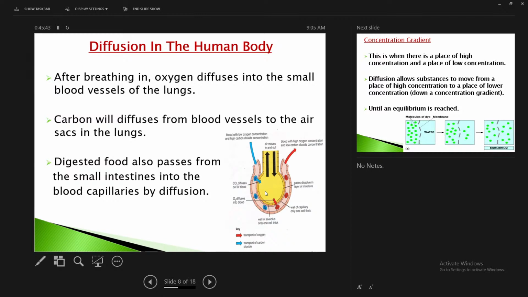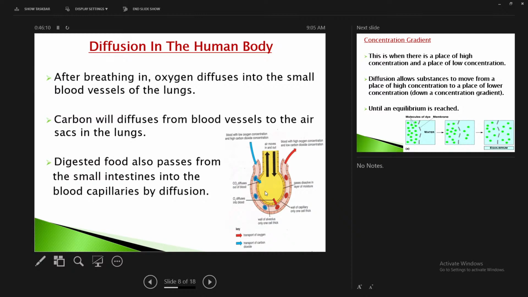The third pointer: digested food also passes from the small intestine into the blood capillaries by diffusion. From this slide, I can ask you to give me two substances that move from one body part to another by the process of diffusion.